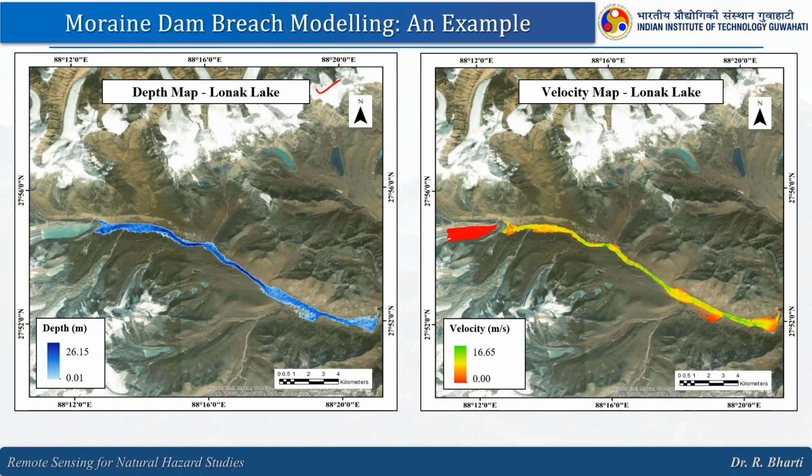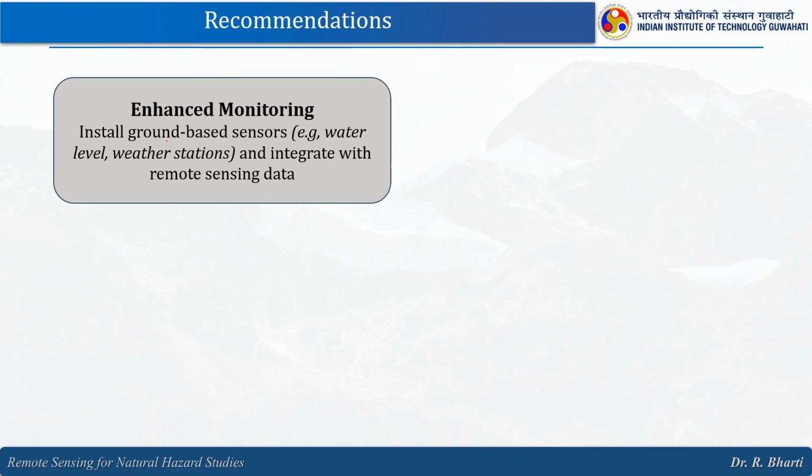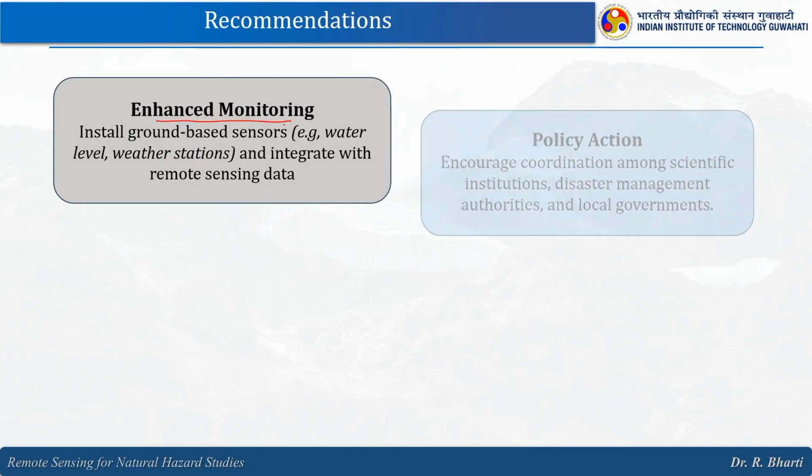With this modeling you can have the depth map and the velocity map, at what location, what velocity we can expect, because we have the topographic information. This kind of modeling will help us to save lives and property. So, what are the final recommendations? Enhance the monitoring.